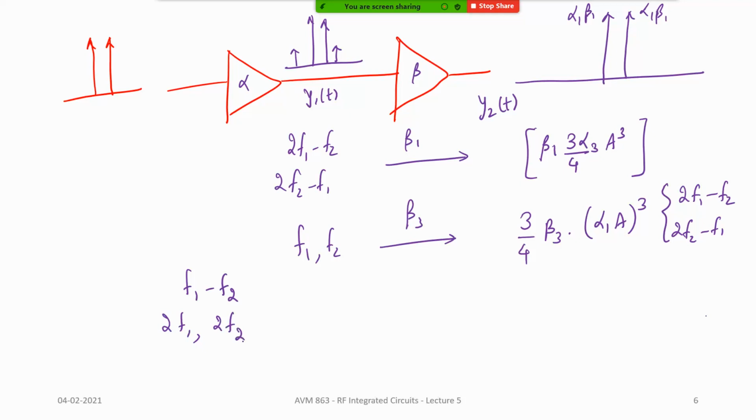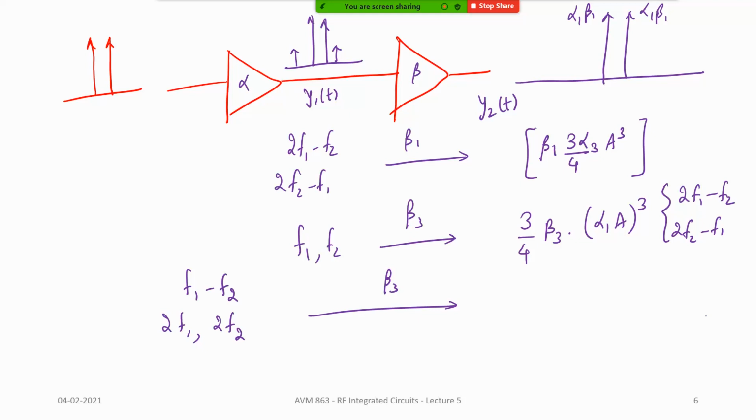All these were generated due to the second order nonlinearity. Now that will get mixed because of beta 3, and if you mix 2F1 minus F2 into 2F1, what will you get? You will get the sum and difference. This will also give you 2F1 minus F2 and 2F2 minus F1.